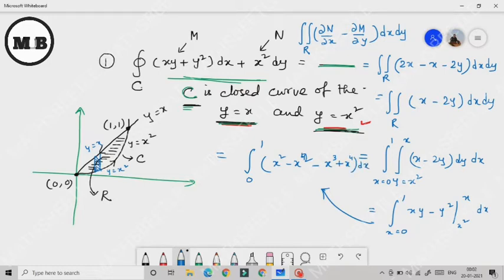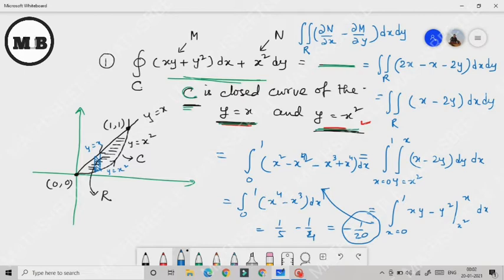Just verify it. It is all about your calculation, nothing else. So you will get 1 by 5 minus 1 by 3, 1 by 4, so minus 1 by 20 is going to be your answer. You should be very accurate with your calculation.